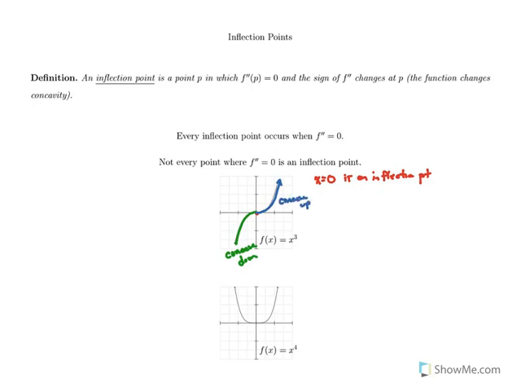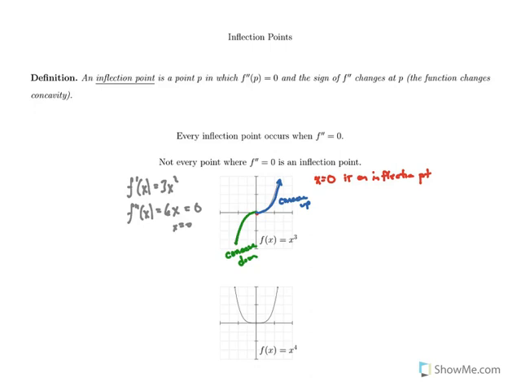And we know the second derivative is 0. We can say f prime of x is equal to 3x squared. f double prime of x is equal to 6x. Right, when we set that equal to 0, we get x equals 0. So in this case, x equals 0 is an inflection point.